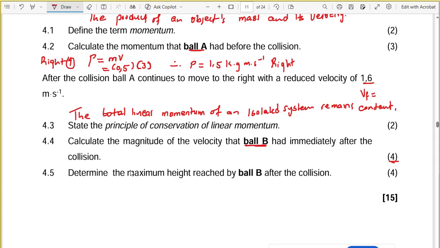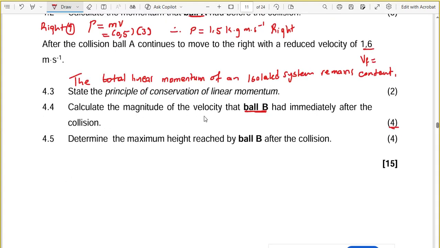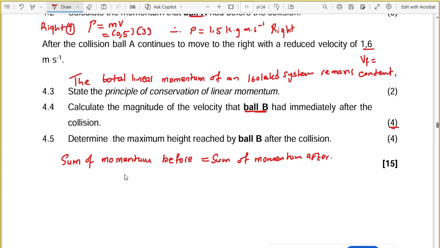Okay, so I'm going to teach you about this. Remember, when they want you to find the velocity that ball B had after the collision, we said the sum of momentum before is going to be equal to the sum of the momentum after. Is it the triangle P equals M triangle V, M times VF minus VI?